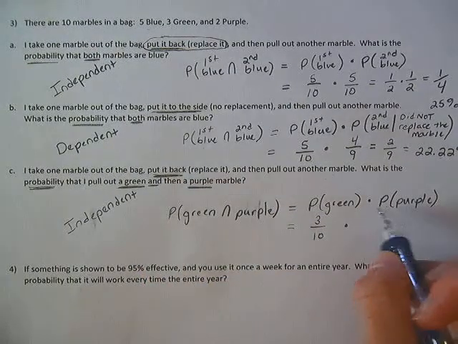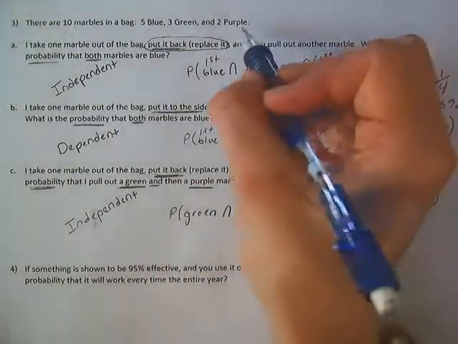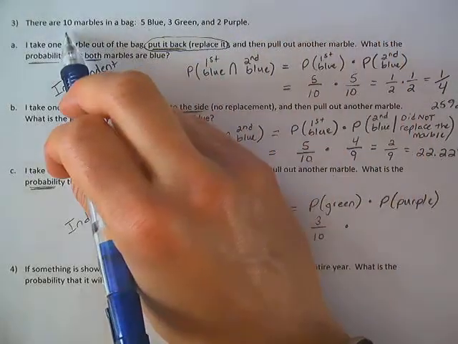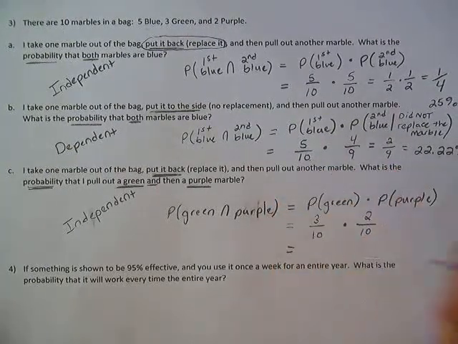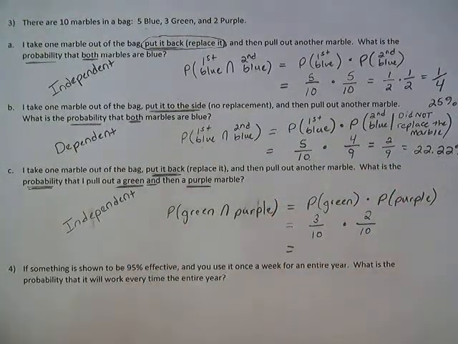So we just have to figure out what is the probability that the second one's purple. Well, there's 2 purple ones out of the 10, okay? There'd still be 10 in there. So we'd have a 2 out of 10 chance that the second one's purple, okay? So from there, we just have to type it in, or we can reduce and simplify.